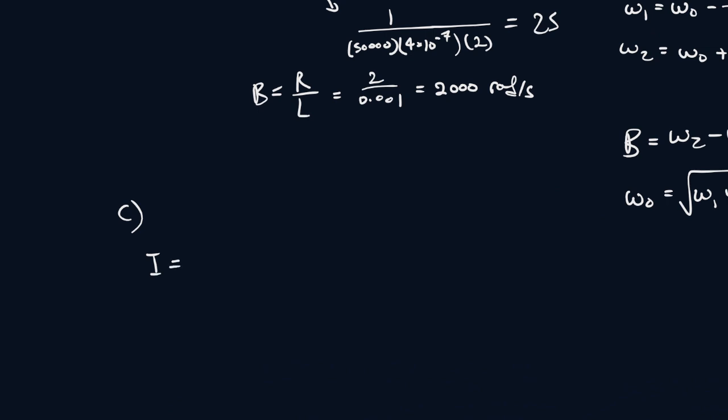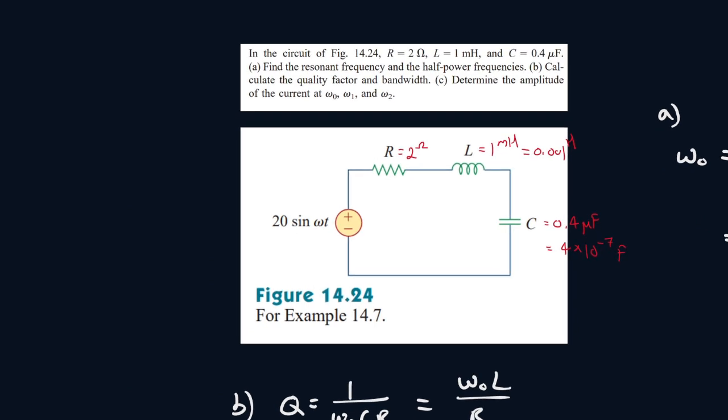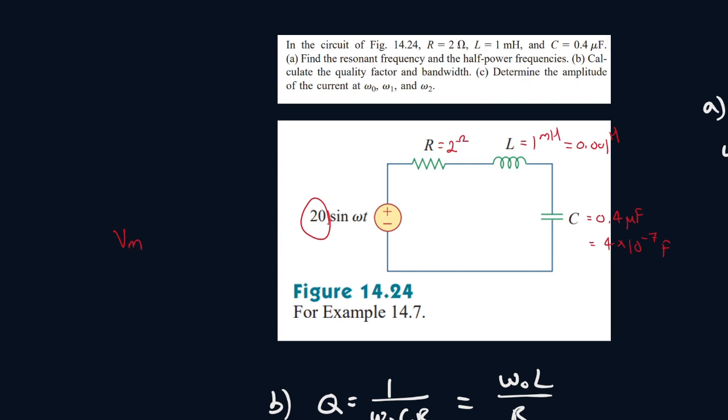The current is equal to Vm all over the square root of R squared plus, WL minus 1 over WC, squared. Vm is pretty much this value, 20. It's Vm sine WT.